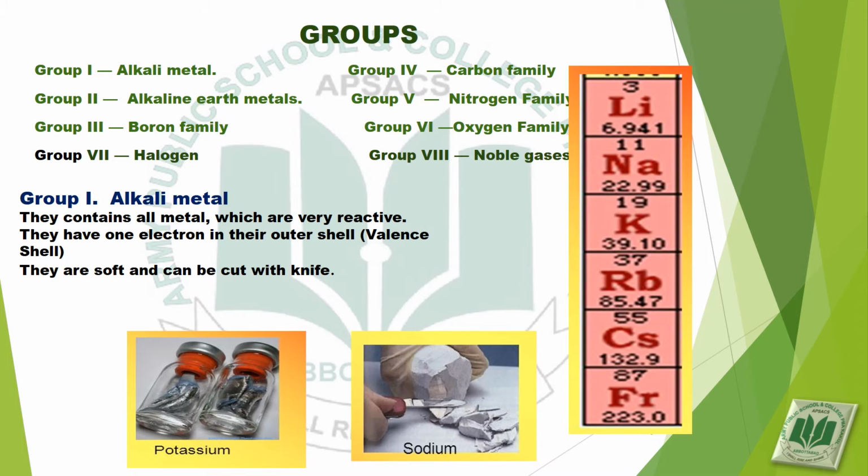They are soft and can be cut with a knife. For example, sodium is soft and can be cut with a knife, but sodium can react violently with water. When it reacts with water, it makes sodium hydroxide, which is an alkali.